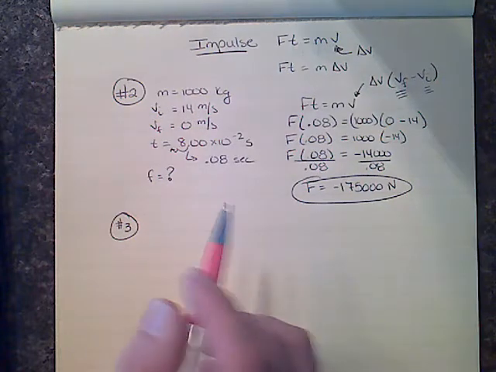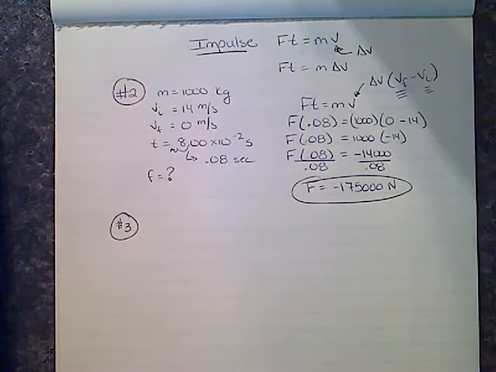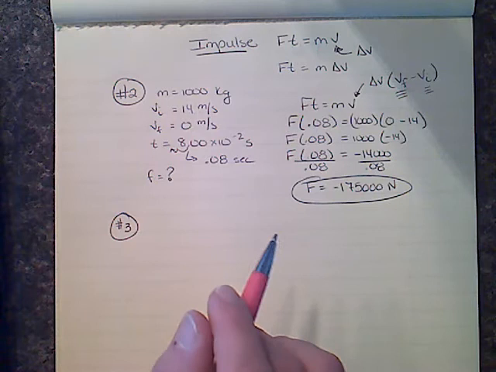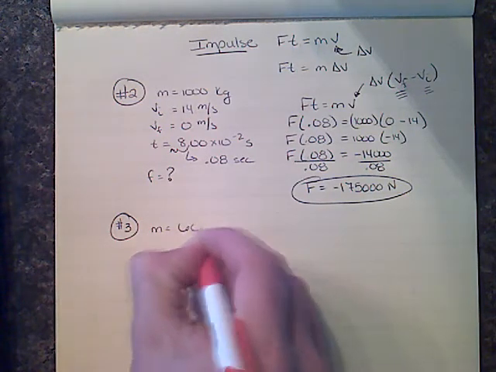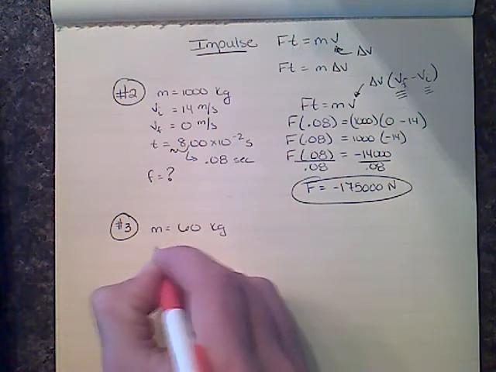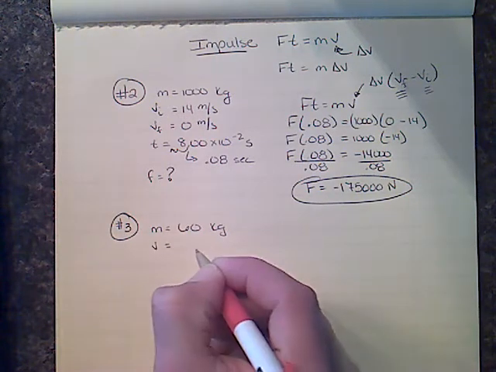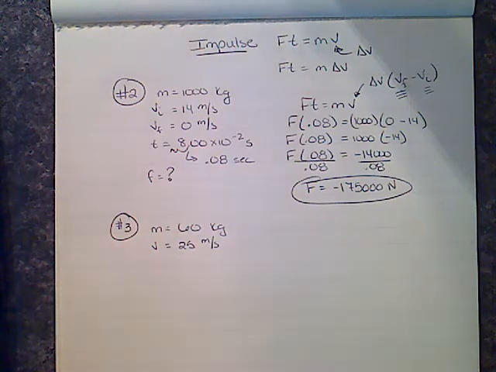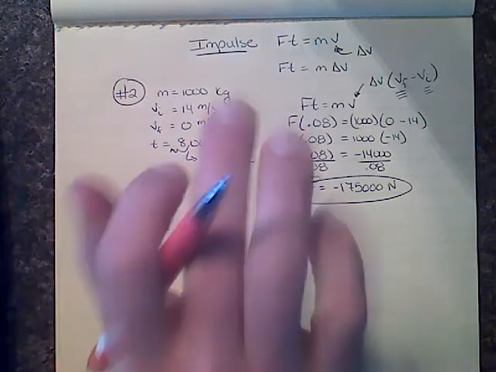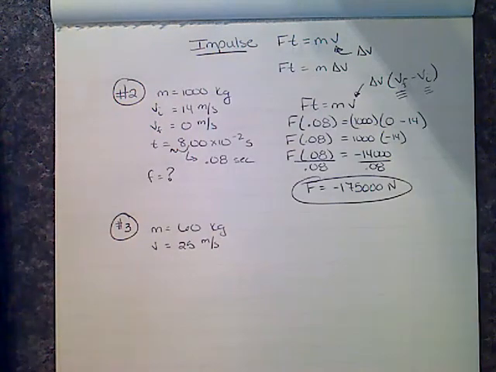Okay? Number 3, Rhonda, who has a mass of 60 kilograms, is riding at 25 meters per second. So we have a mass, 60 kg. We have a velocity, we're not quite sure if it's an initial or final, 25 meters per second. In her sports car, when she must suddenly slam on the brakes, that's the brakes, to avoid hitting a dog crossing the road.